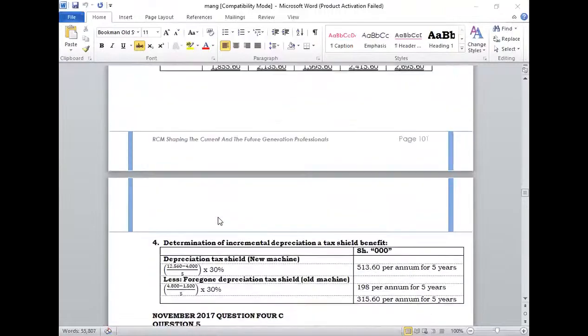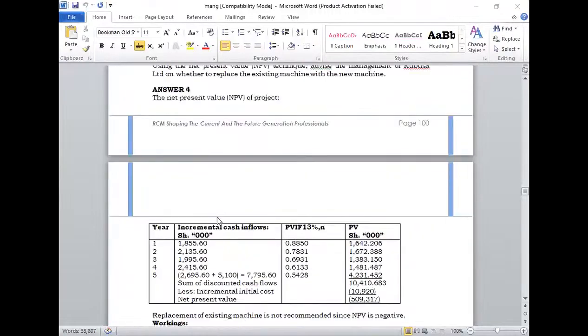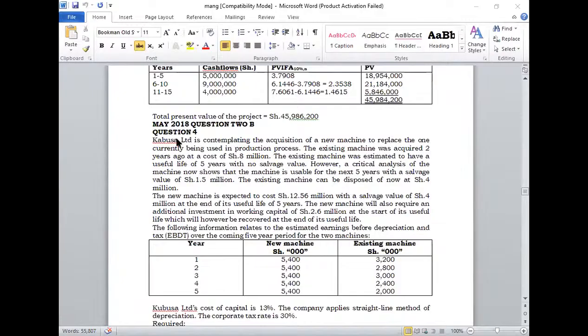They are telling us here, Kabusa Limited is contemplating the acquisition of a new machine to replace the one currently being used in the production process. The existing machine was acquired 2 years ago at a cost of 8 million. It was estimated to have a useful life of 5 years with no salvage value.